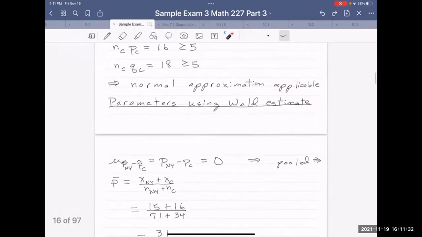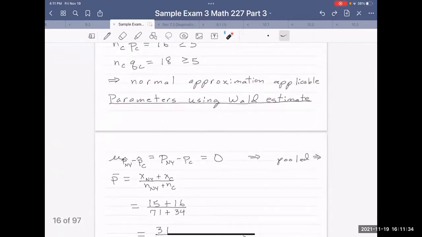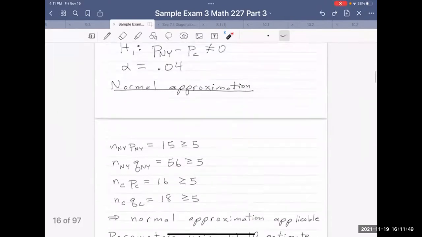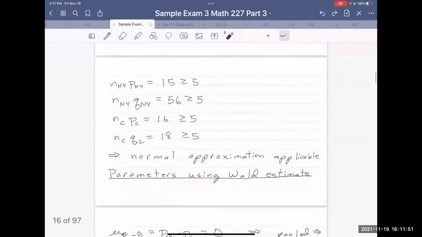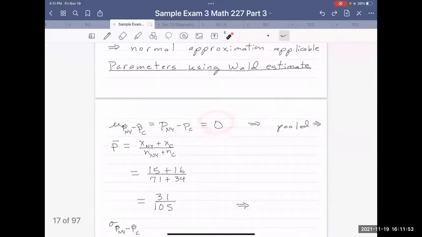So let's try to determine the parameters that we'll be using for the Wald estimate. So the mean for the sampling distribution of the difference of these two sample proportions is the difference in the population proportions, which by the null hypothesis is assumed to be 0. Since the difference of these population proportions is 0, then I should pool the estimate.